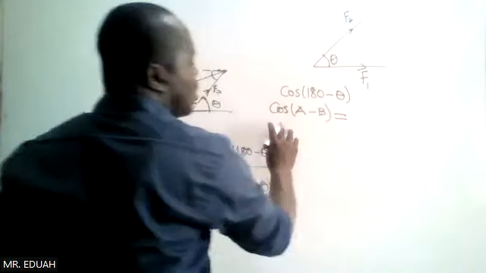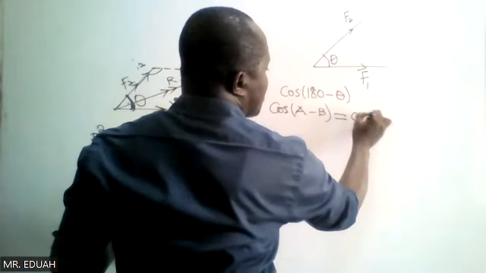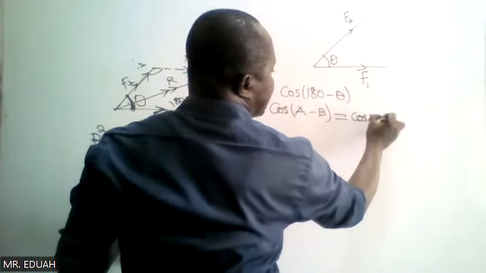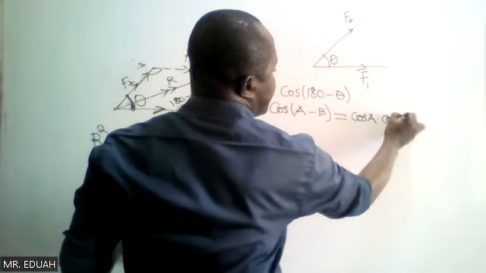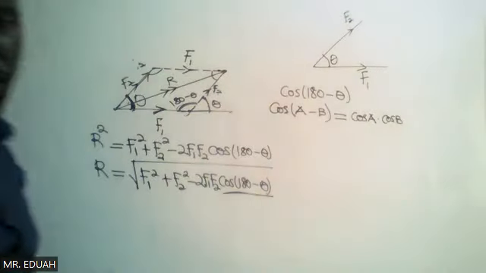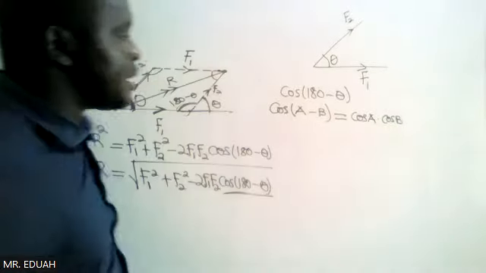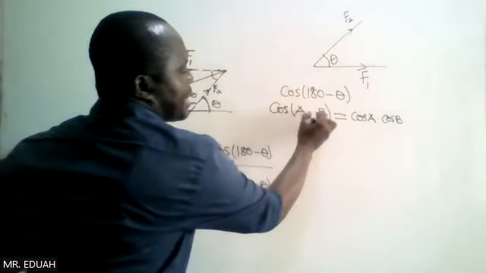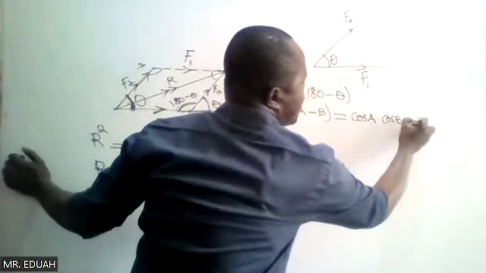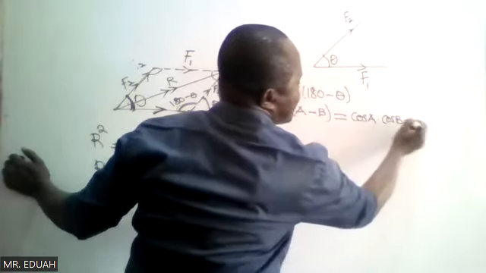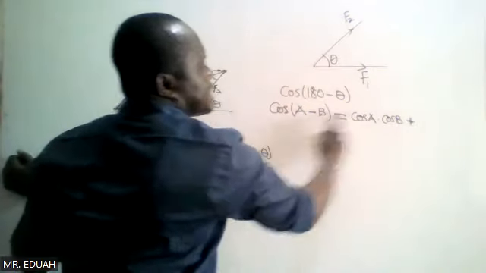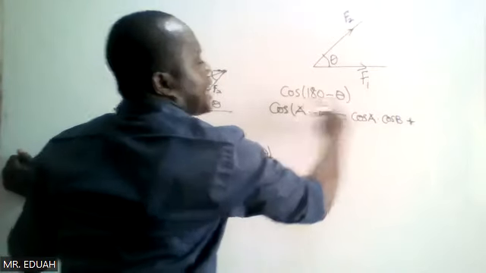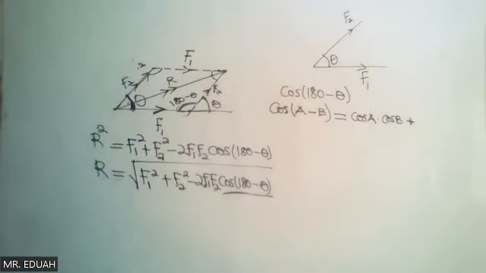Expansion of this is equal to cos A times cos B. Now, if the operator here is minus, the operator between these terms is plus. When this is minus, this will be plus. When this is plus, this will be minus. It's a formula.